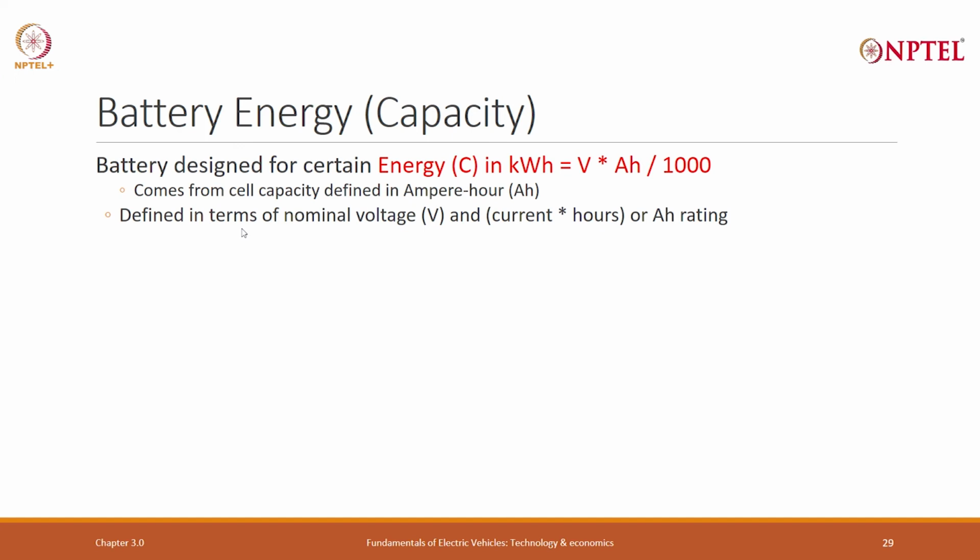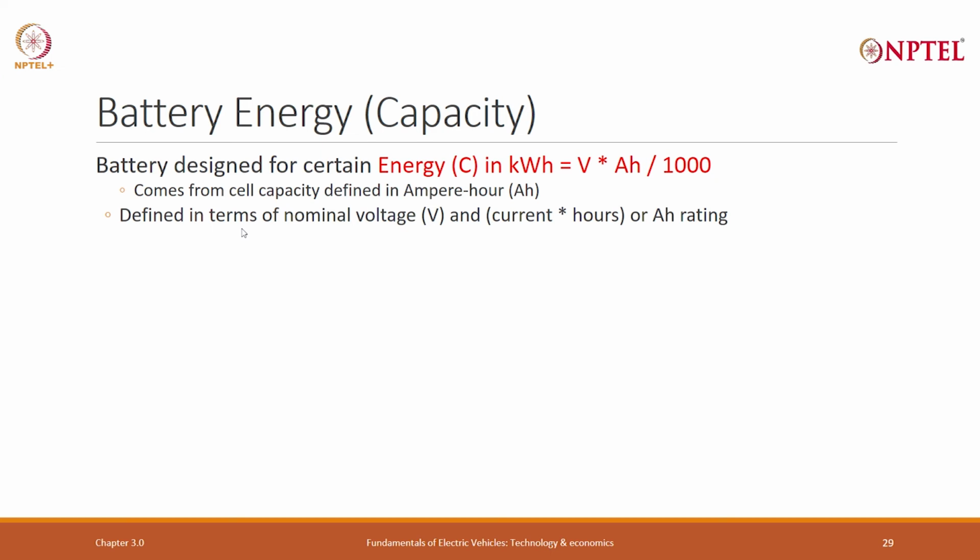It is measured in terms of voltage multiplied by ampere hour divided by 1000. Voltage multiplied by ampere hour will give you watt hour, divided by 1000 will give you kilowatt hour. The ampere hour comes from cell capacity, defined in terms of current into hours, that is called ampere hour.